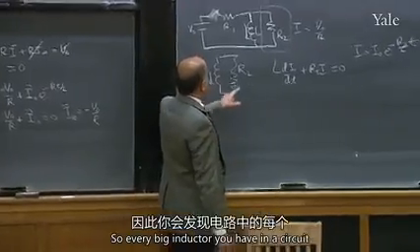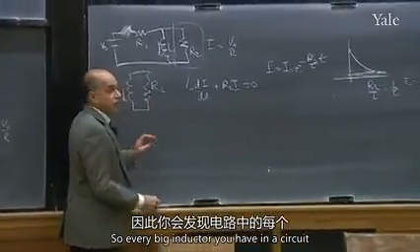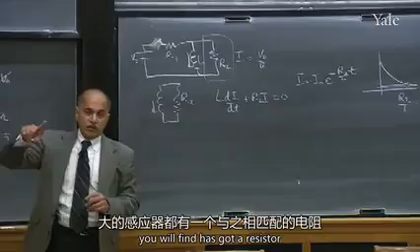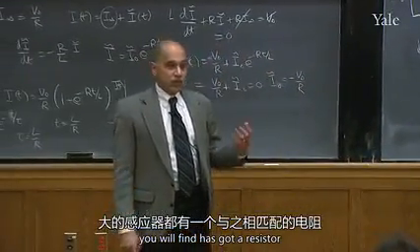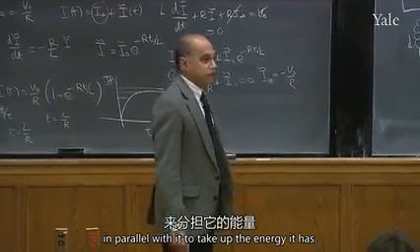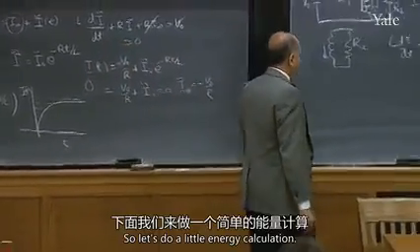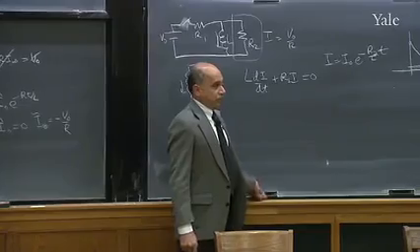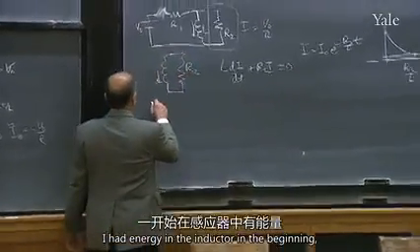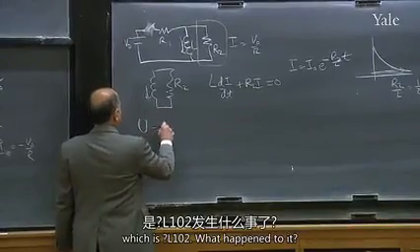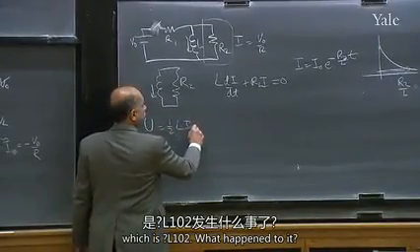So this is how the inductor works. Every big inductor you have in a circuit, you will find has a resistor in parallel with it to take up the energy it has. So let's do a little energy calculation. I had energy in the inductor in the beginning, which is 1/2 L I0 squared.